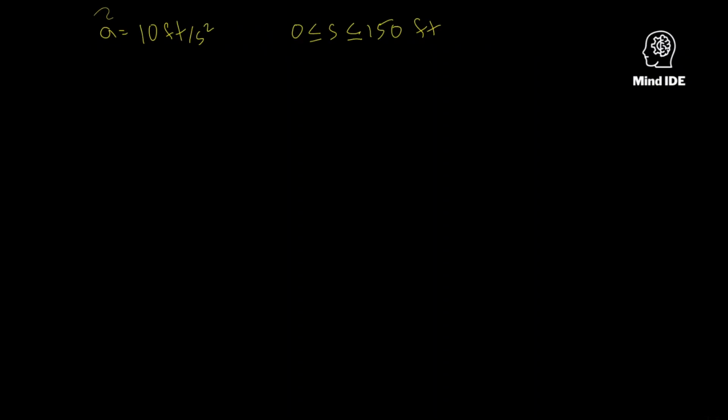Actually, what we can do is put this in a piecewise function, and then a equals, so we need to come up with a function here, because it's not just a constant value, and that's from s equals 150 to 300 feet. So we need a function there.